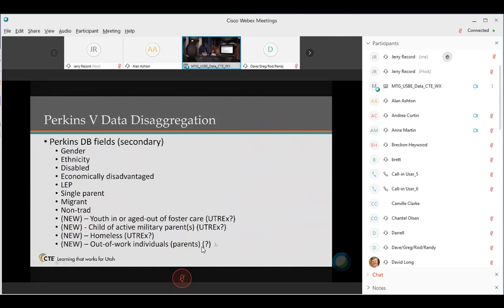Was there an updated definition for what they considered out of work? There is going to be some discussion about what all of these mean, because they just list the category in the language, and then we have to go back in and have them clarify for us what that really means.